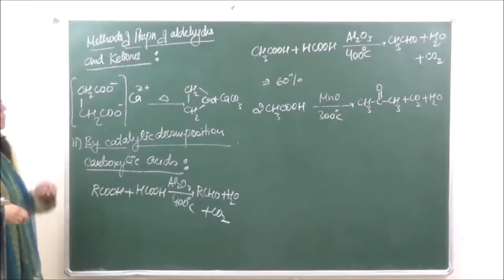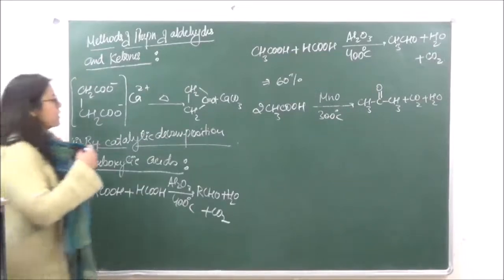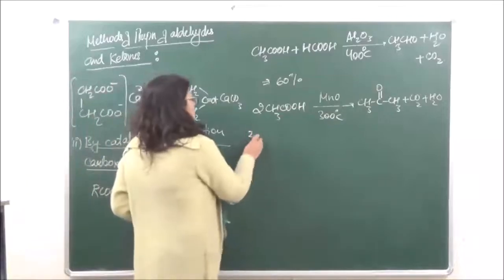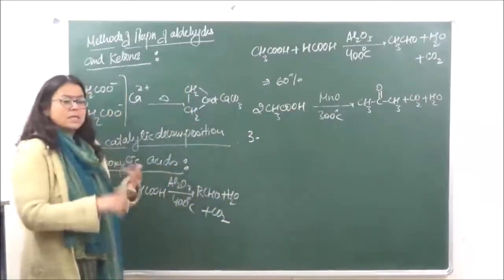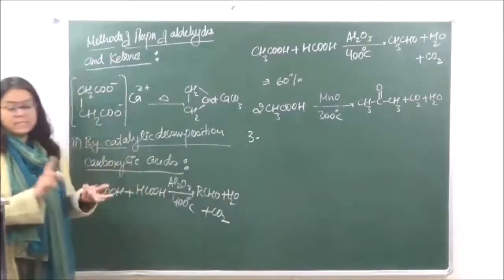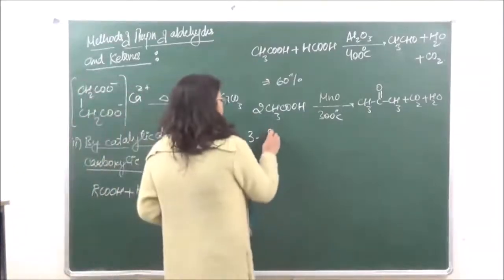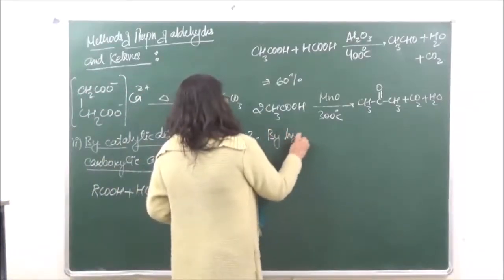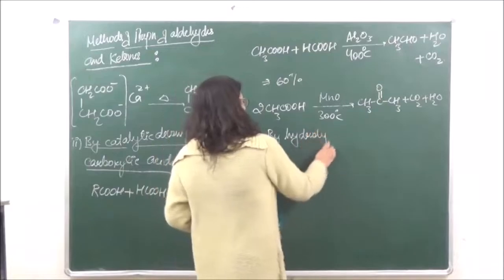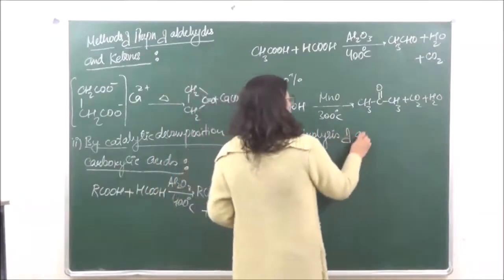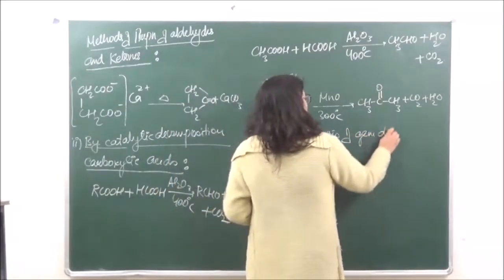Then the third method which we are going to do, that is, first we did from alcohols, second we did from carboxylic acids. The third method is by hydrolysis of gem dihalides. What are gem dihalides?